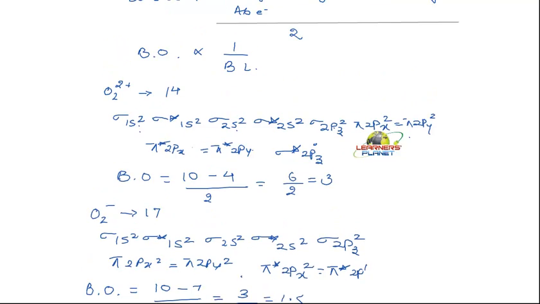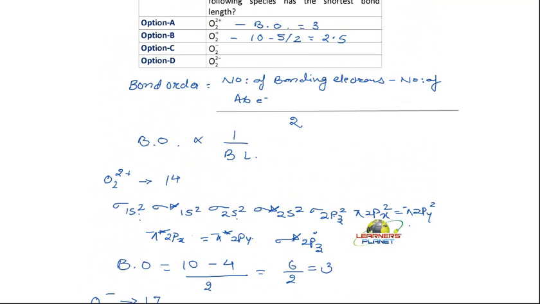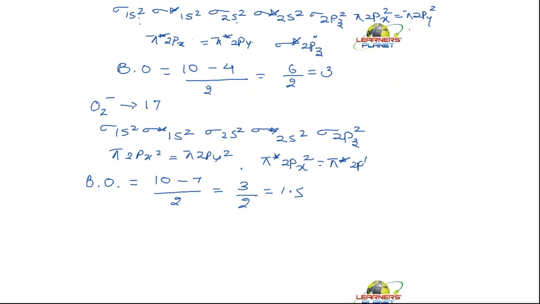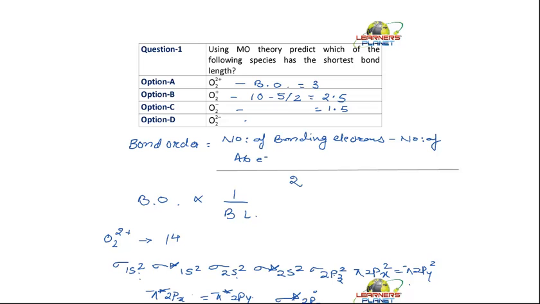So students, for O2 minus, the bond order is 1.5. And for O2 2 minus, how many electrons would be there then? 18, right? So if it's 18, it would be how much? 10 minus 8, 2. So it would be 1.